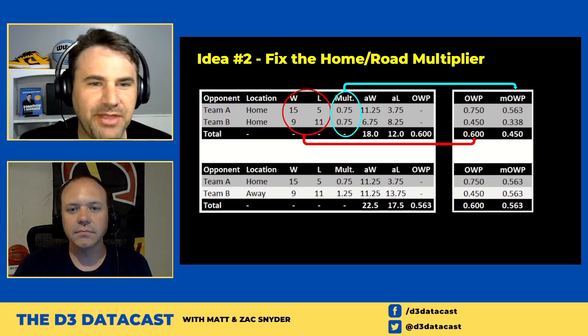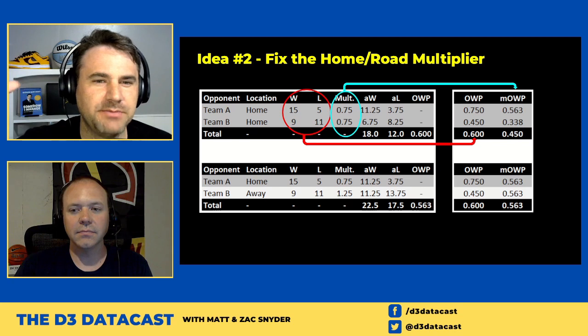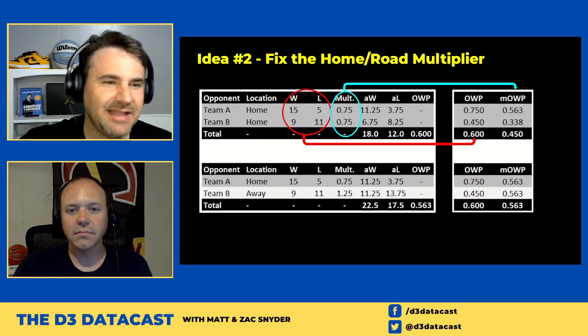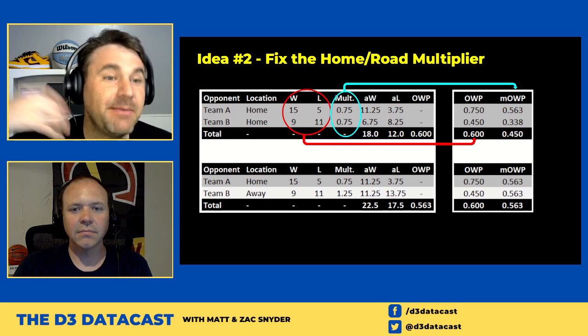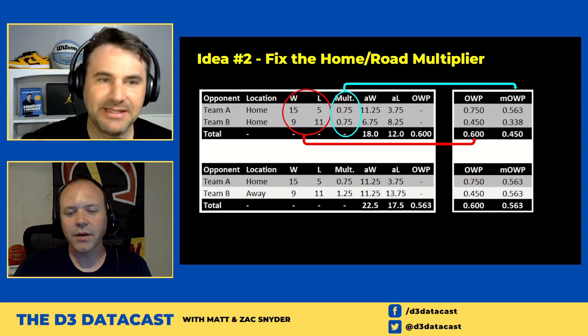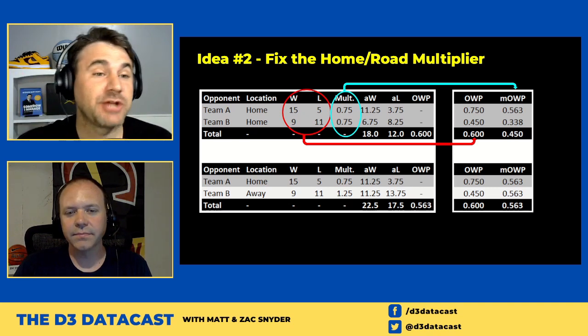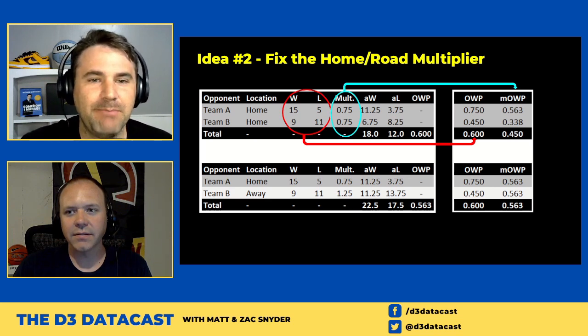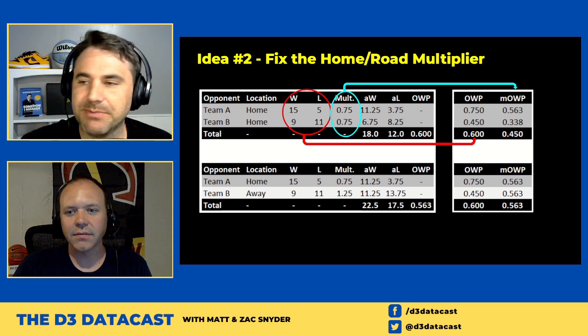Yeah, I would think maybe a 15 and 5 at home would come down from 750 to maybe like 600, and 9 and 11 would go from 450 to maybe just above 500 or something. There should, in my mind, be a little bit of a gap there, and we're seeing that it's not. But that's just an impression of mine; I'm not mathing that out. I agree that it shows that maybe we're still too strong on that multiplier there.